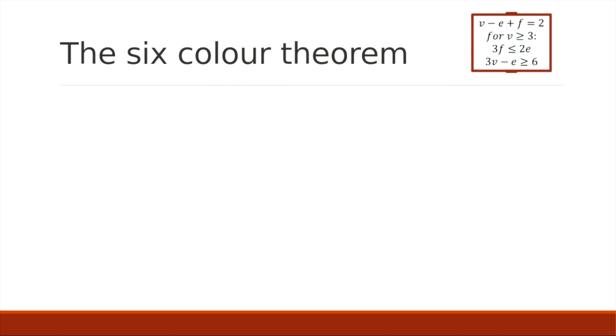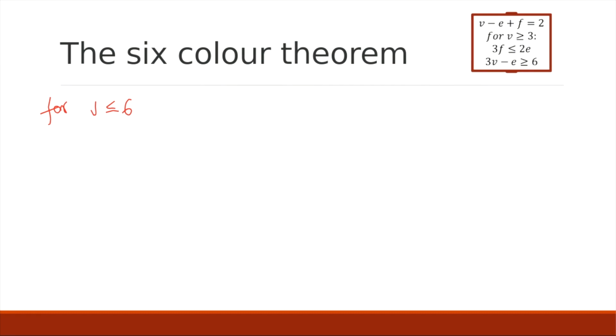We want to prove that every connected planar graph, you can color the vertices with at most 6 colors, such that no two vertices have the same color. Now, it is quite easy to prove for v less than or equal to 6, right? If you have at most 6 vertices, then obviously you can color them with at most 6 colors. It would be quite hard not to be able to do that. You can't even use more than 6 colors.